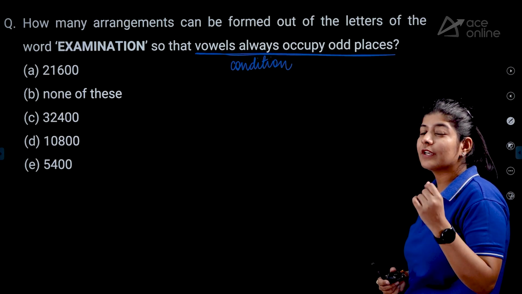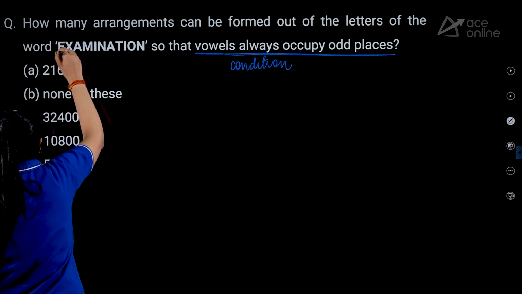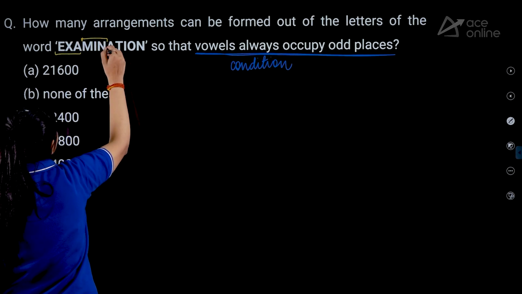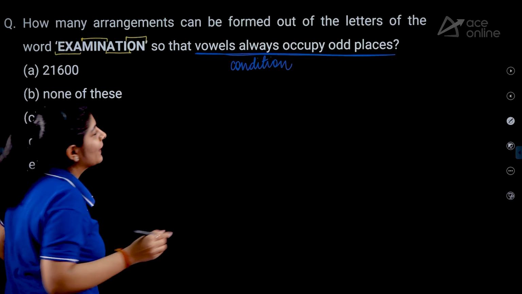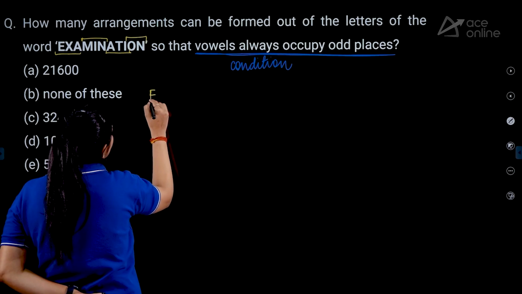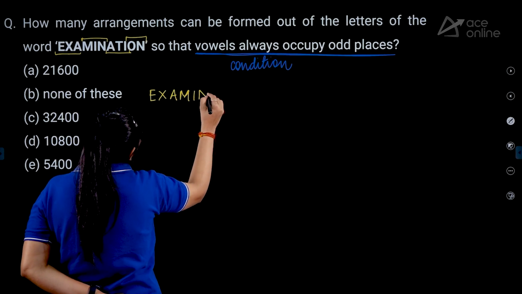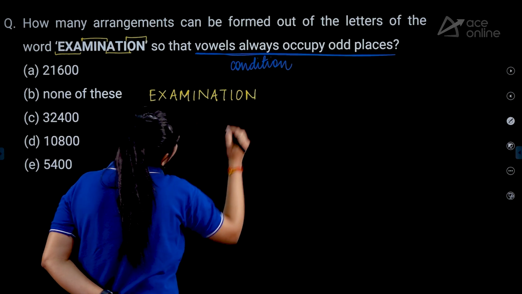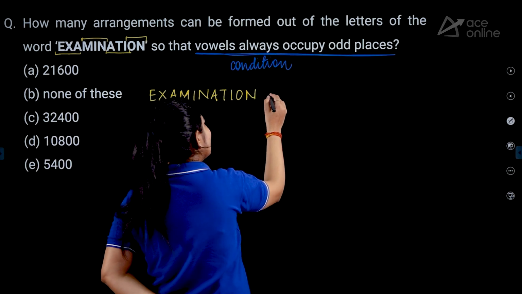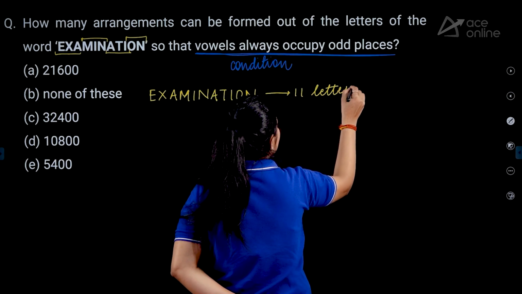First, you have to calculate how many alphabets we have. So here we have 3, 6, 9 and 11. So basically in the spelling of examination, we have 11 letters.